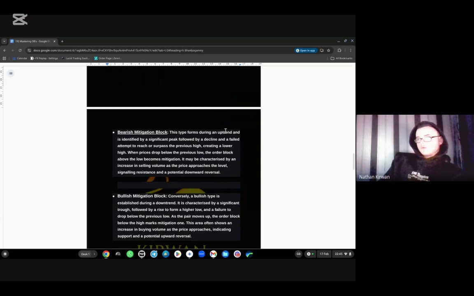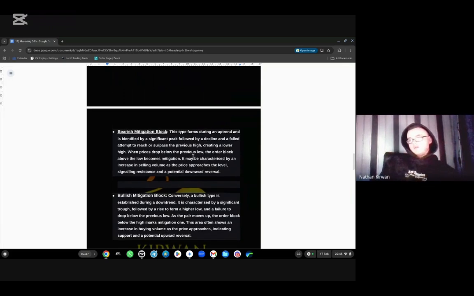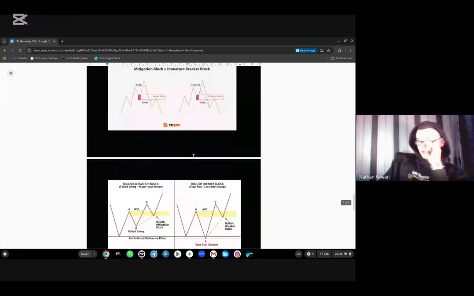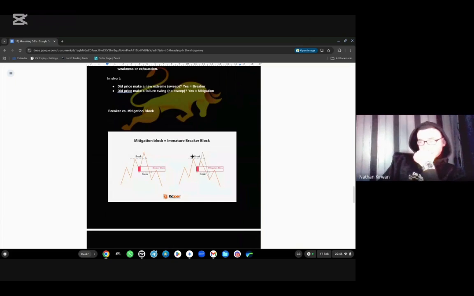This type forms in a running uptrend. I'll leave the link down below as always. We have the last down close candle before a sharp move up that breaks structure, and then price comes back down, retests what was an order block, but we broke through, so now it's a breaker block, and we get a reaction off it to the downside or a reversal.